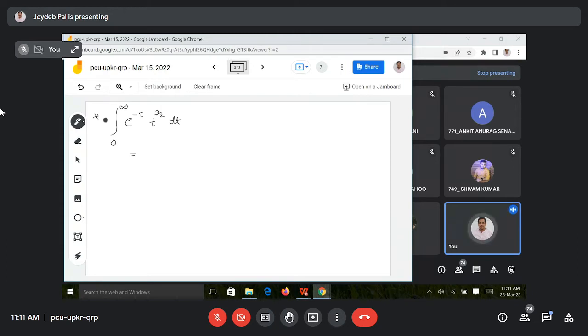It is the integral from 0 to infinity of e to the power minus t, t to the power alpha minus 1. So try to write that exponent of t in the form alpha minus 1. So the integral from 0 to infinity of e to the power minus t, t to the power what? If I write alpha minus 1, then it is 5 by 2 minus 1, right?